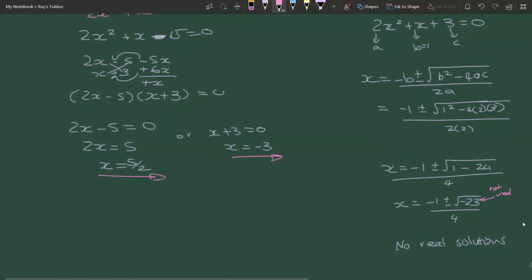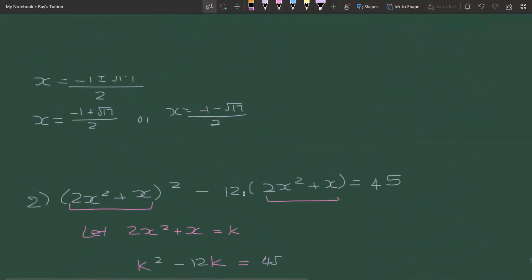Maybe if you look at non-real or imaginary numbers at a later stage of your mathematics career, you can follow up on that. But in terms of real solutions, we do not get any from there, so we just write no real solution.